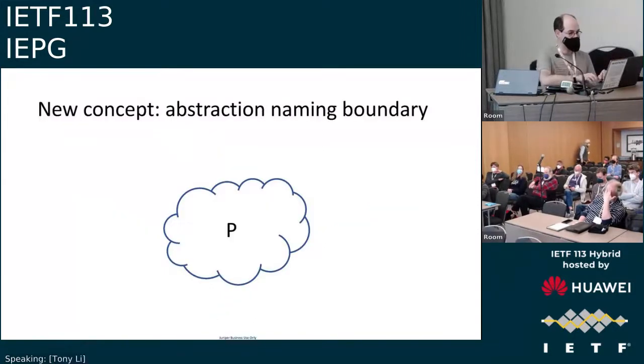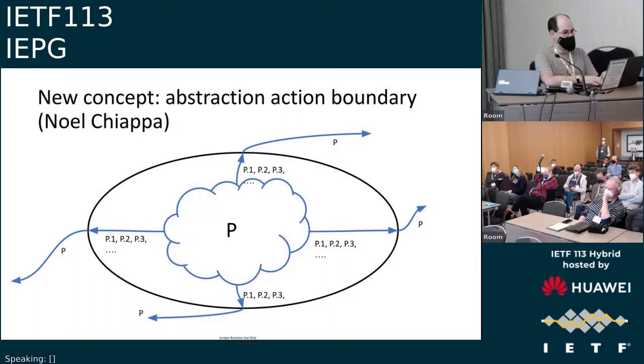What I'd like to talk about now is a new concept, an abstraction naming boundary. And that's just the edge of the ISP where prefix P exists. And another concept we want to call an abstraction action boundary.